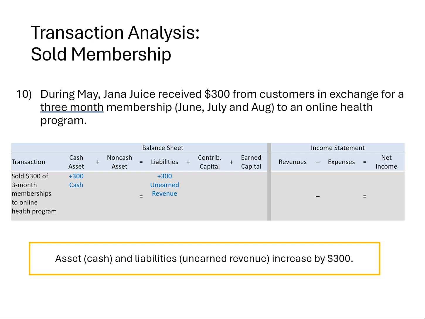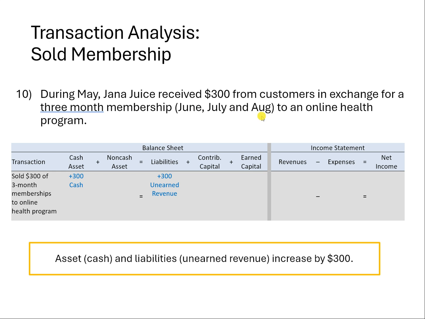Next, the company received $300 from customers in exchange for 3 months membership to an online health program. Now we're going to receive $300 cash, so cash increased $300. The problem is, what has been increased? It's a sale for membership, but have we provided any service yet? The answer is no. We're in May, and that service is for June, July, and August.